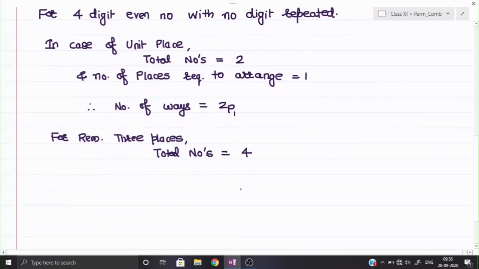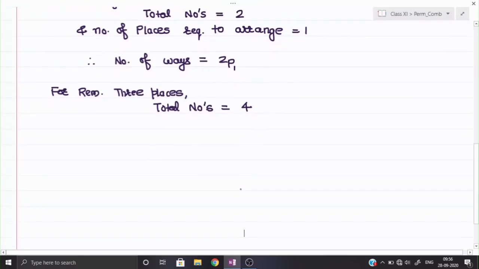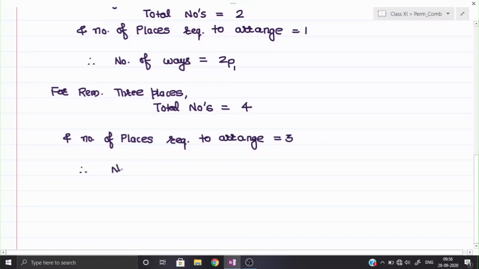And the number of places required to arrange, how many are there? That will be equal to 3. So therefore number of ways will be equal to 4P3.